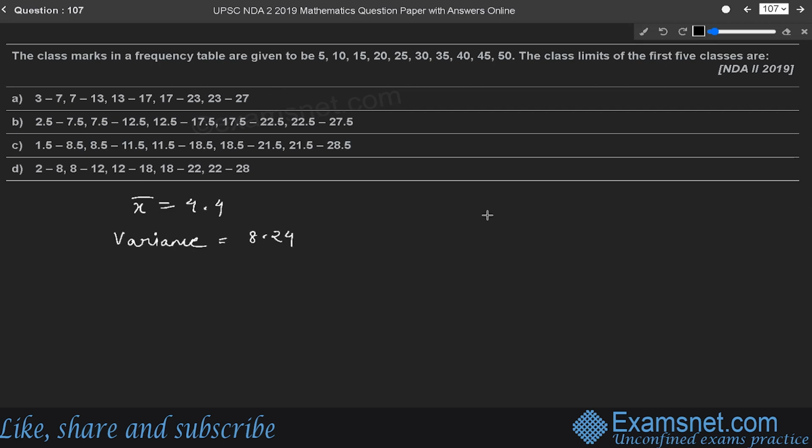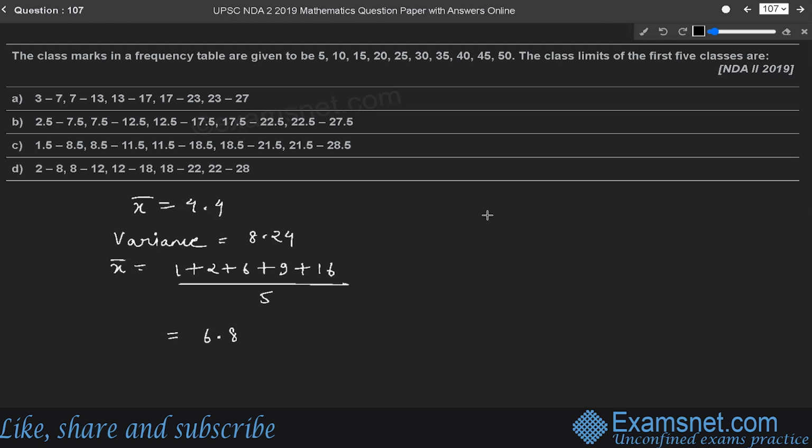Now let us check the mean for the given values. First option is 1, 2, 6, 9 and 16. So x bar will be equal to 1 plus 2 plus 6 plus 9 plus 16 divided by 5. So it will be equal to 6.8.